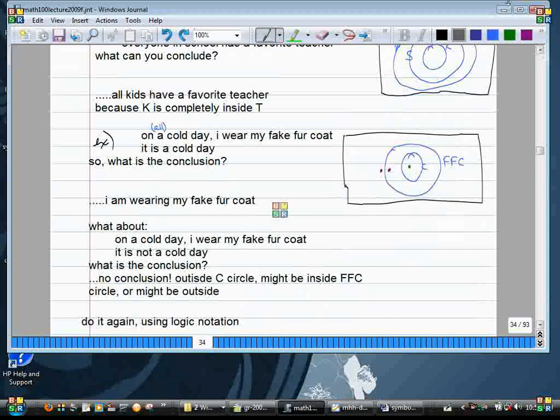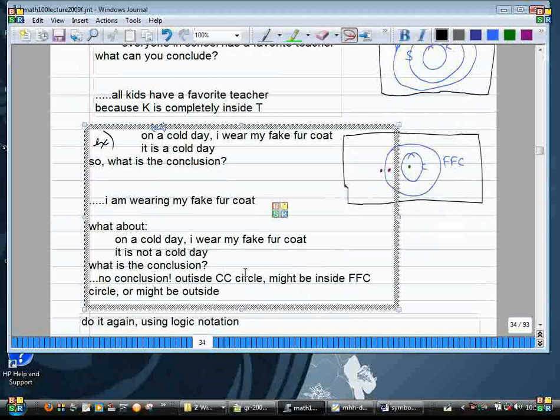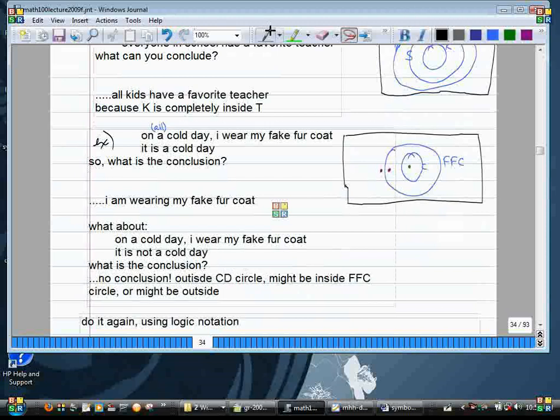Just to make it consistent, I originally called this CD for cold day. So there we go. Okay. So let's do this last problem again using logic notation. On a cold day, I wear my fake fur coat.